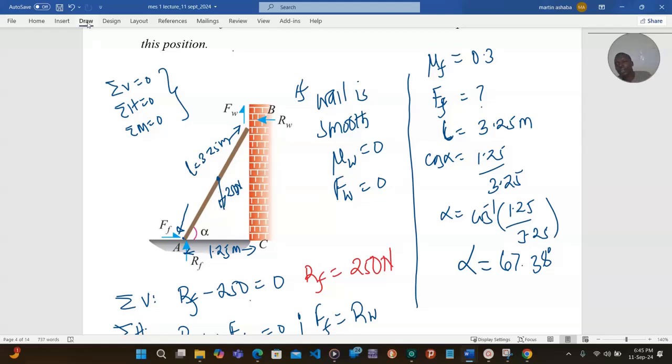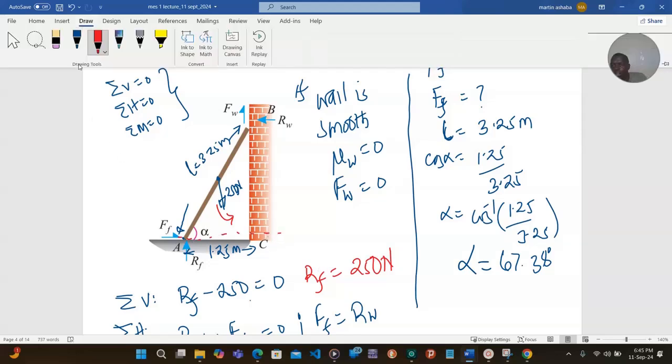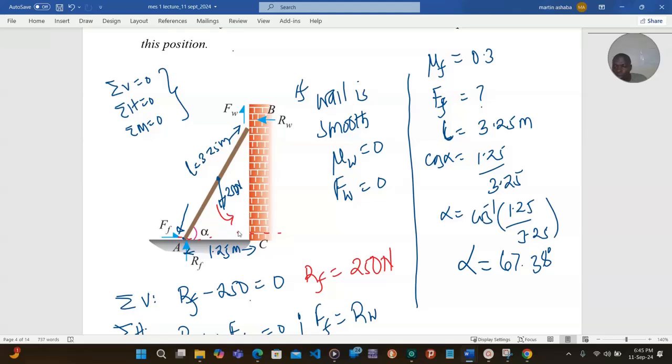I will say this one is in anti-clockwise direction. This one, the Ff, the frictional force, we are prolonging its line of action from the principle of transmissibility.